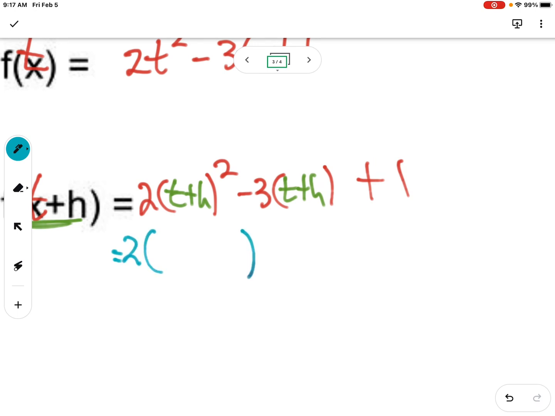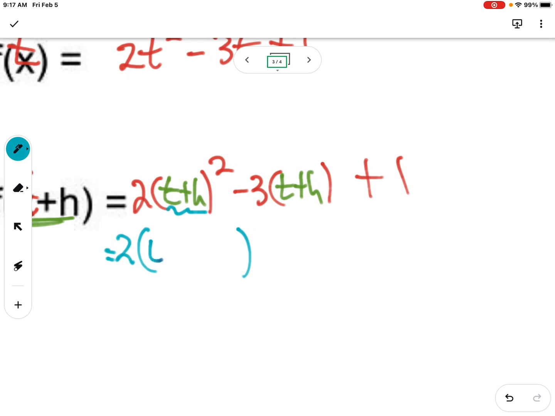So 2, and then I need to know how to do a perfect square expansion really fast. t squared plus 2ht plus h squared. How about I erase that and make it legible? By the way, why do I put the h first? Because t is like x, and you always want x to come at the end of a term.